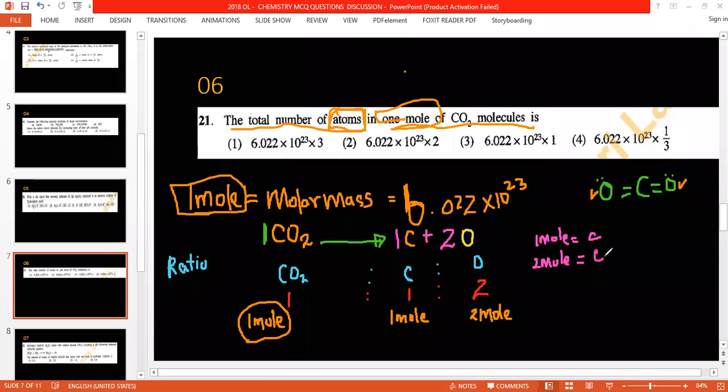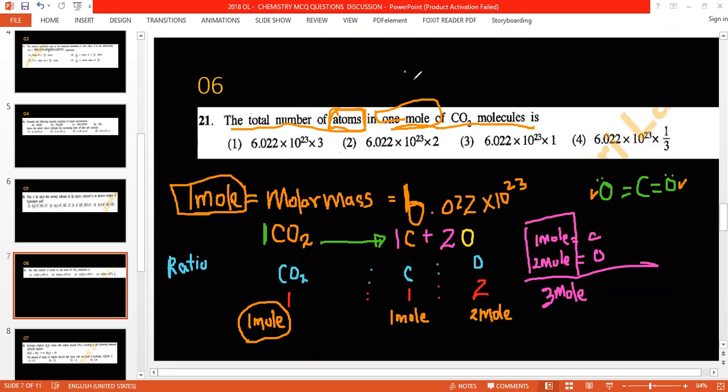2 mole of oxygen. Altogether, how many moles of atoms here? 3 mole. But they didn't ask for moles. What did they actually ask? Number of atoms. So 1 mole is equal to the Avogadro constant.